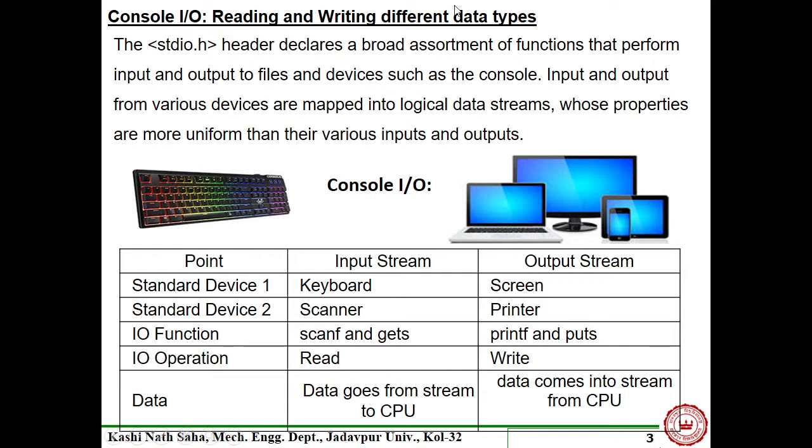So I am not going into the details of C here, but this idea is true for MATLAB also. For displaying, we used the command disp, and here it was input to get data from keyboard. So the IO function was input, and this was display, disp.